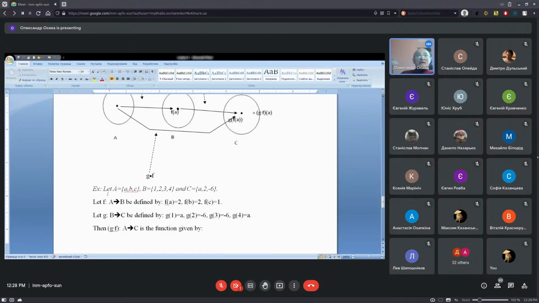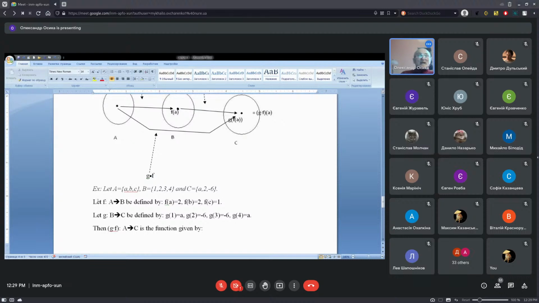Okay, let A consist of 3 elements, a, b, c. Let B include 4 elements, 1, 2, 3, 4. Now C includes such a strange set: a, 2, minus 6. These are characters, but we can consider a character as an ASCII code, then it becomes a number also.